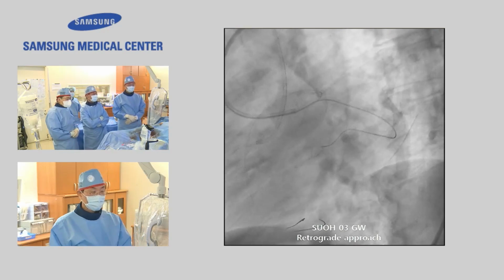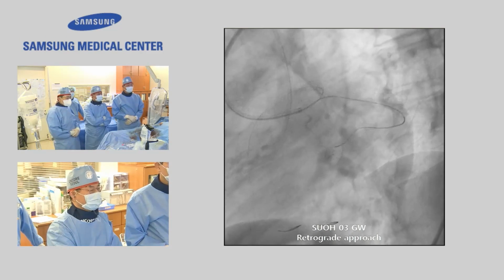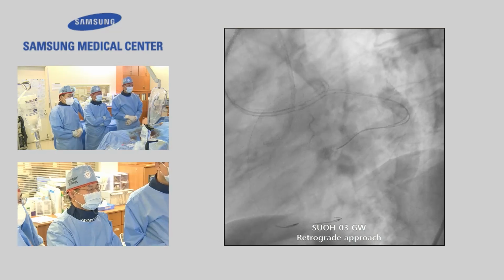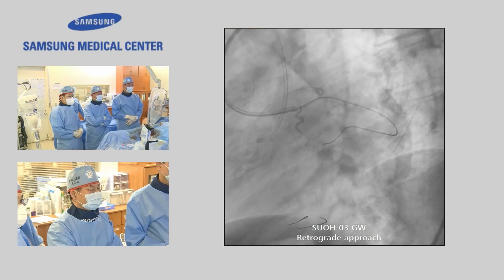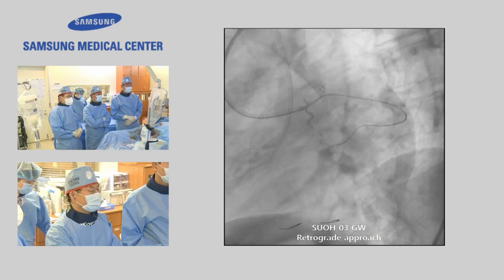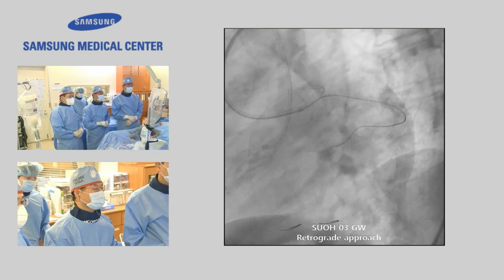As Dr. Gwon mentioned, the collateral branch is very narrow and tortuous, and wiring is not so easy. And if cardiac tamponade occurs, that position is very dangerous.